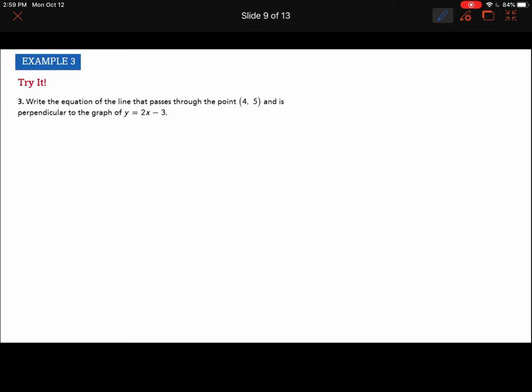All right, what is the equation of the line that passes through the point (4, 5) and is perpendicular to the graph of y equals 2x minus 3? Again, there's my slope. It's 2, or simply 2/1. It's positive, so I know my negative reciprocal is going to be opposite. I'm going to flip those two, and I've got negative 1/2. So that is my new slope. This is my x, that's my y. So I know right now I'm y equals negative 1/2 x plus b.